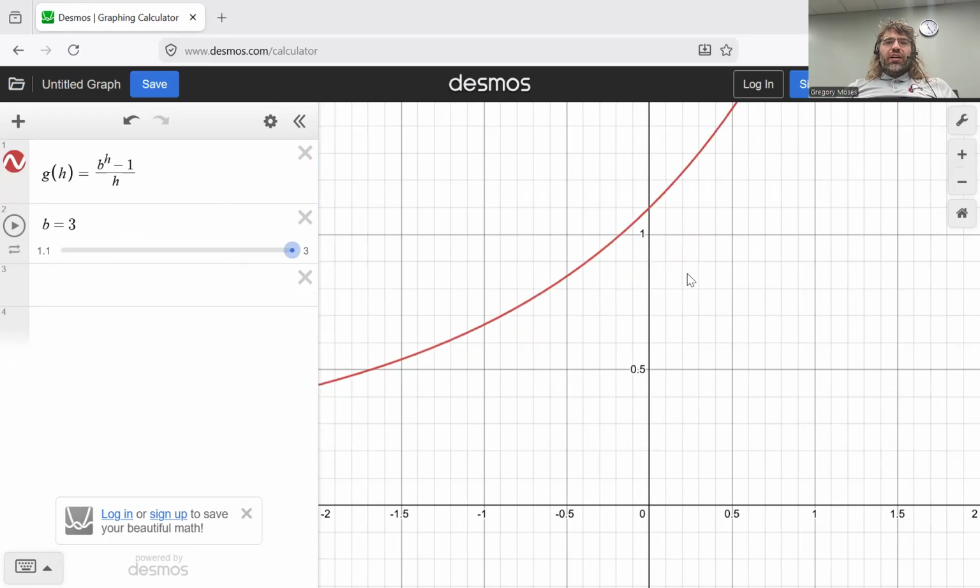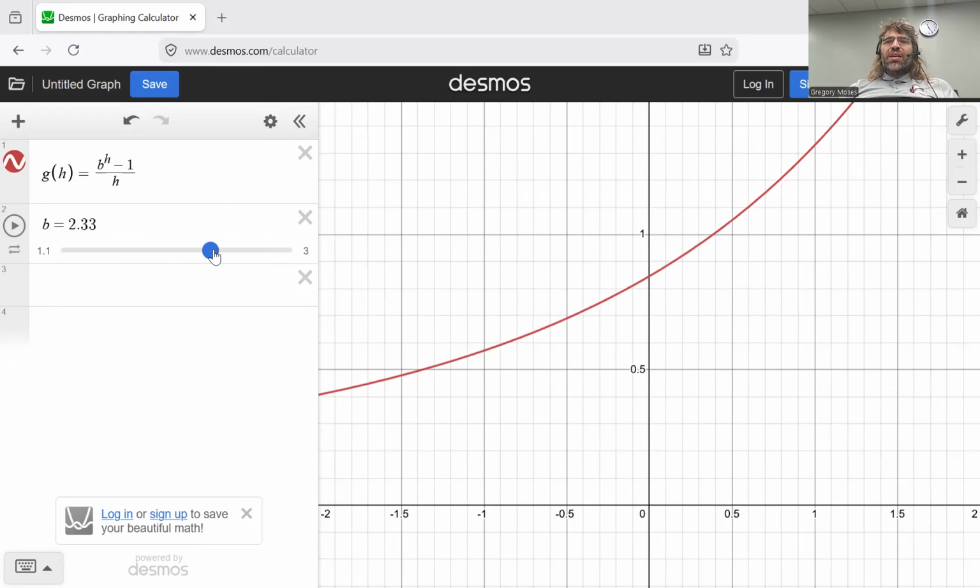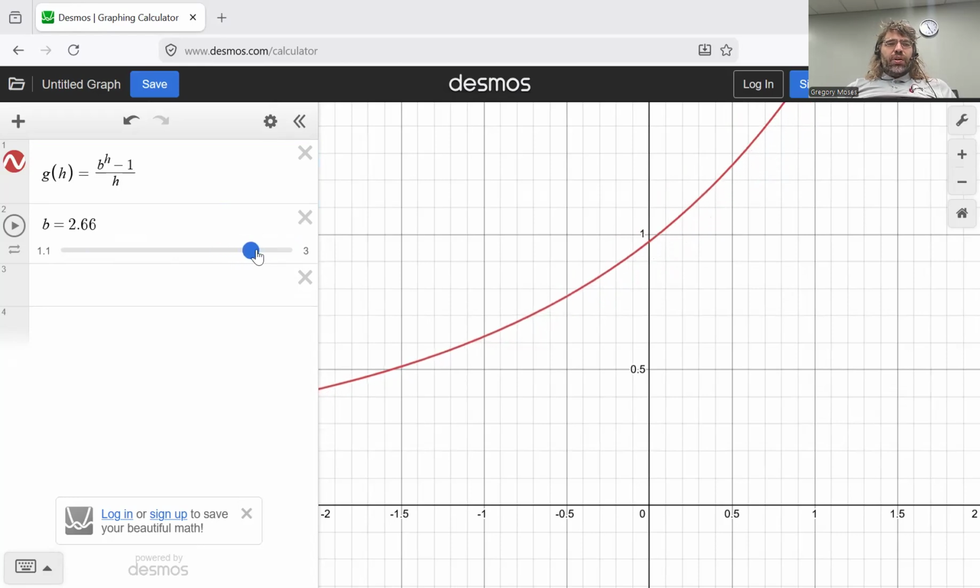So increasing b too far, but increasing b is making the limit get closer to 1. And if we increase b to about 2.71, it looks like the limit is about 1. It looks like the limit is about what we want it to be.